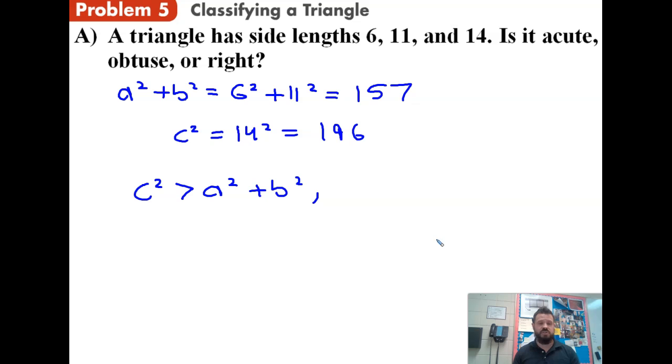All right, so if c squared is greater, that means that angle's got to be bigger than a right angle. So we're looking at an obtuse triangle. All right, that's how our triangle classification works based on side lengths. Why don't you take a minute one more time, pause the video, work through part B, and then hit play to check your answer.